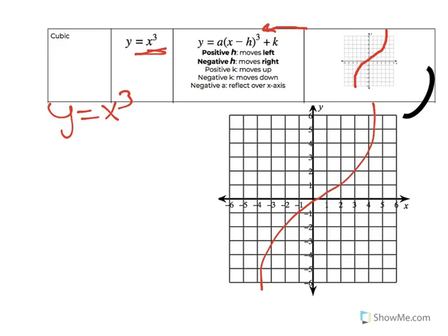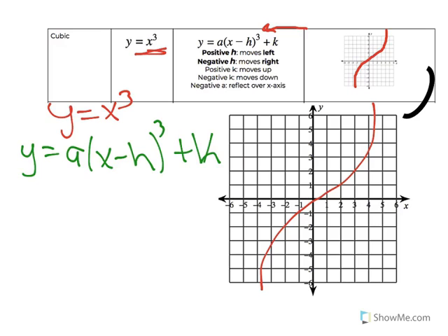So in this general equation, it works the same way as what we just talked about. So k on the outside is going to go up and down. And it makes sense. Up is positive, down is negative.